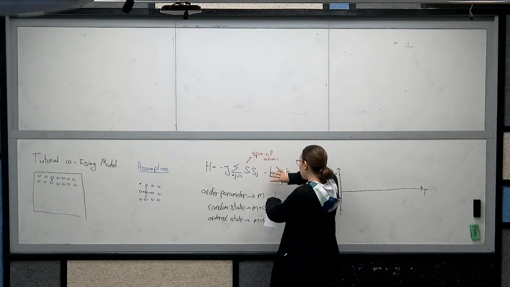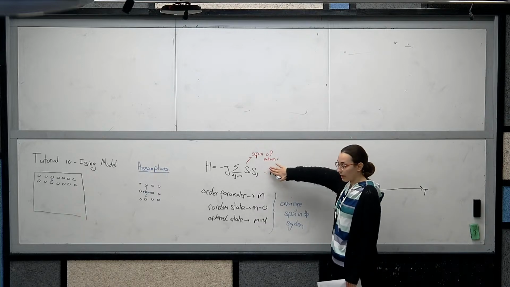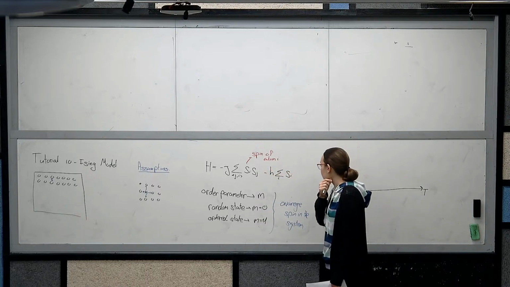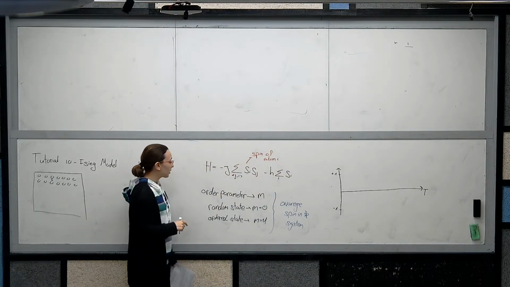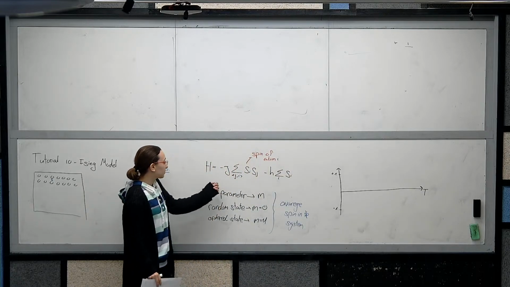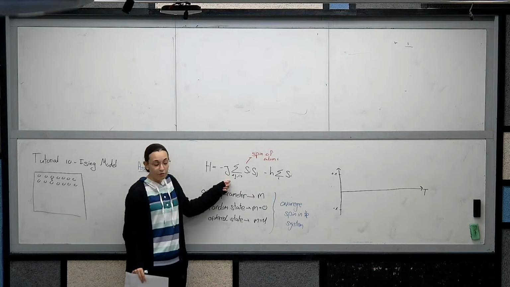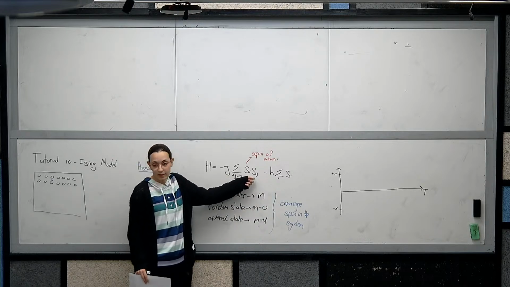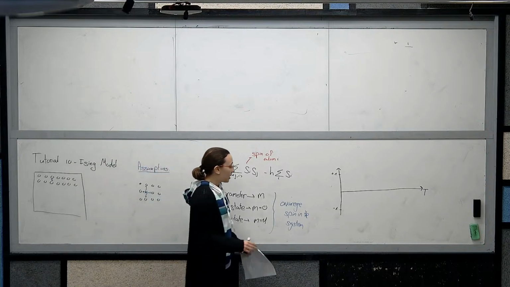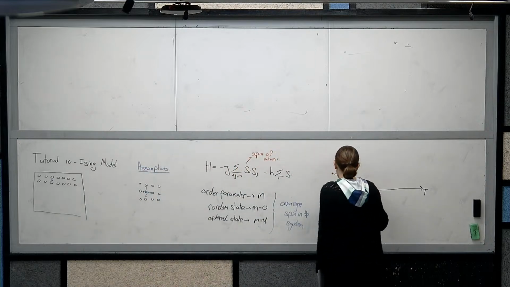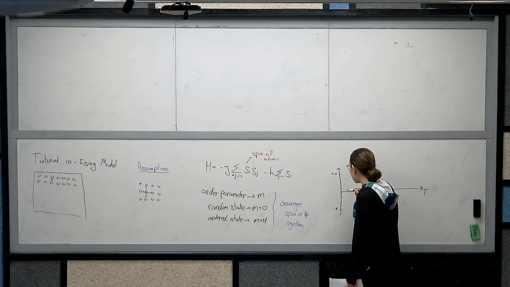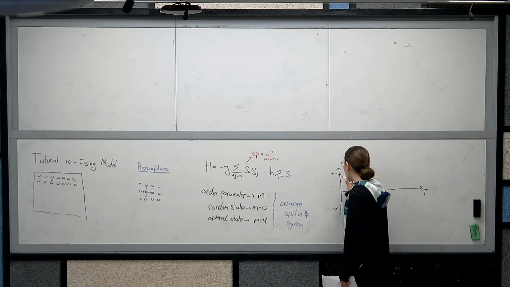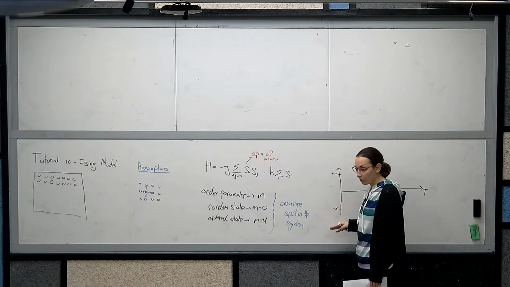So let's ignore the outside field term and just look at the interaction. We will get minimal energy if all the spins are in the same direction. So at 0 temperature, we will find the system in an ordered state, either +1 or -1.